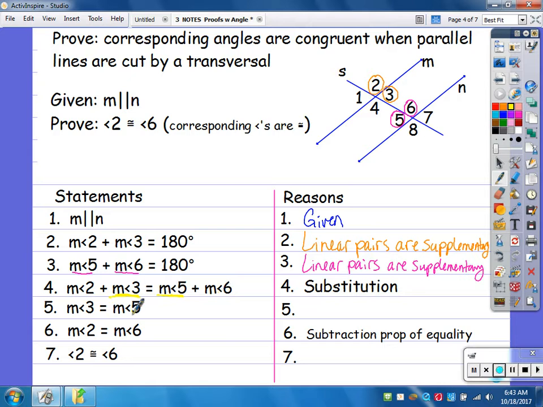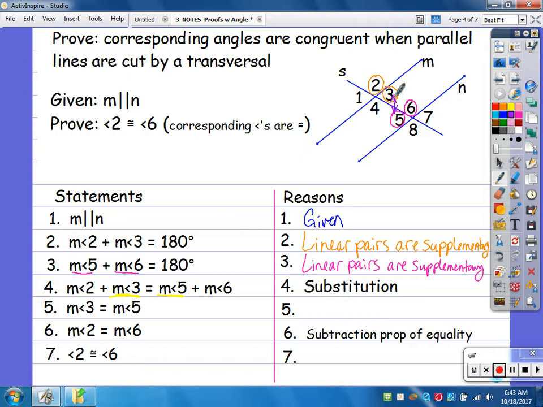So statement 5 is going to help us out with that. Statement 5 says the measure of angle 3 is equal to the measure of angle 5. So now I need to find angle 3 and angle 5 in the picture. All right, so I can see these are angle 3 and angle 5, and I need to determine what kind of angle pair those are.